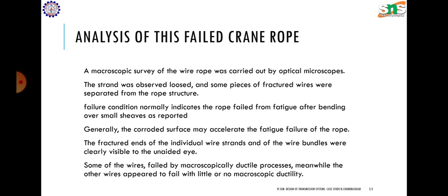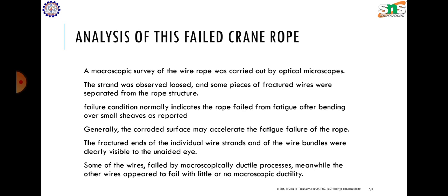Normally the strands are wound very close together, but after the accident the microscope investigation shows that the strands are loosened, and some pieces of fractured wires are separated from the wire structure. The failure condition normally indicates the rope failed from fatigue after bending over small sheaves, as reported.